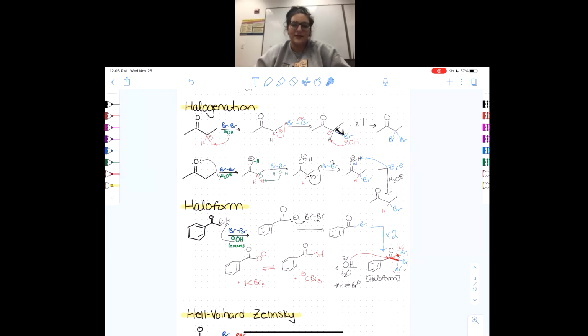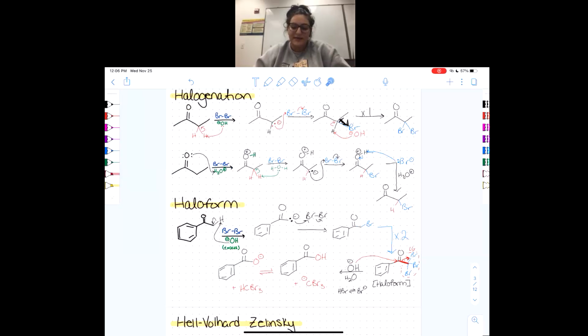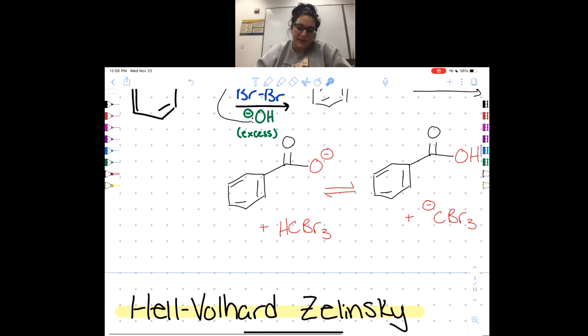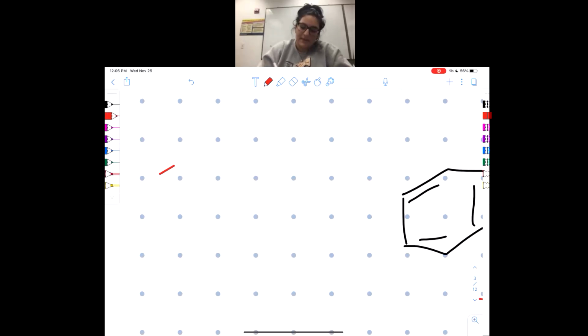And a little asterisk by that alpha carbon, because we have to have 3 hydrogens on our most stable alpha carbon. So in this case, this alpha carbon is not available. The only option we have is this guy. Another example would be if we had this symmetrical ketone.